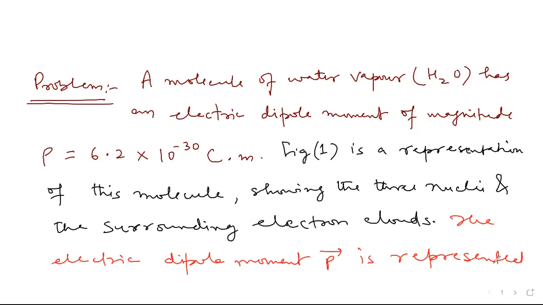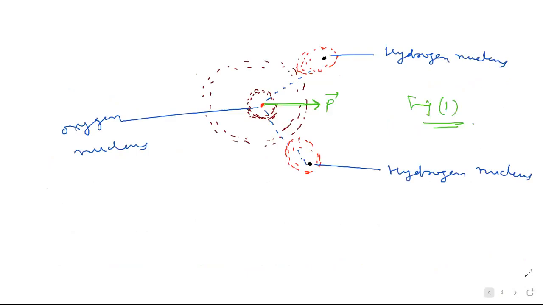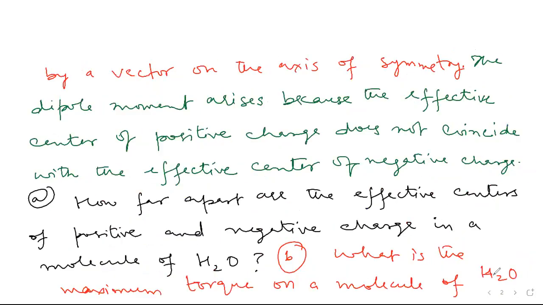The electric dipole moment P is represented by a vector on the axis of symmetry.